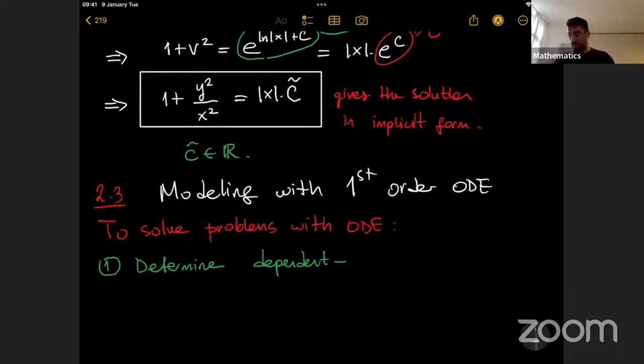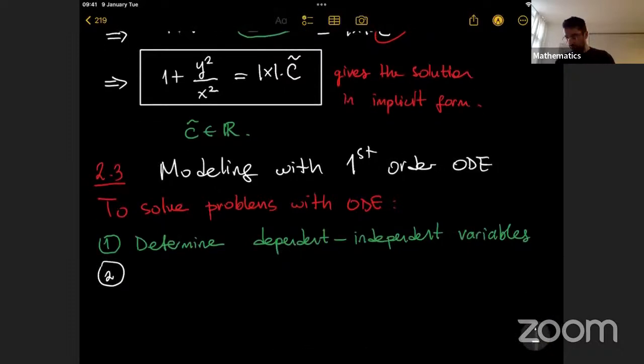What is the function you're trying to solve? Next, relate the rate of change in the problem. Rate of change is like the derivative, right? Derivative of y, derivative of the function. So you will relate the derivative of something with the derivative of something else.